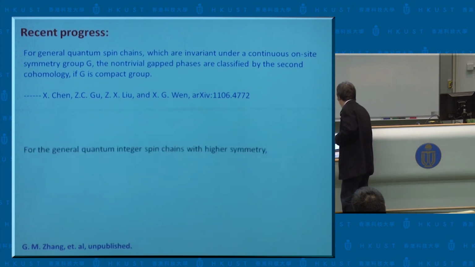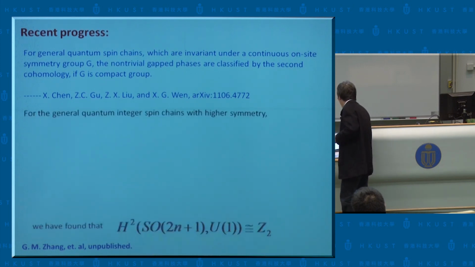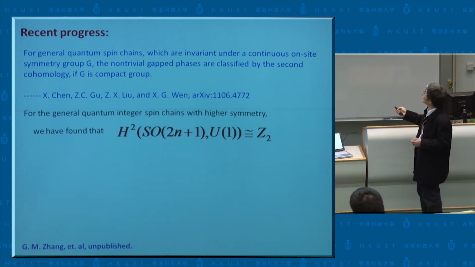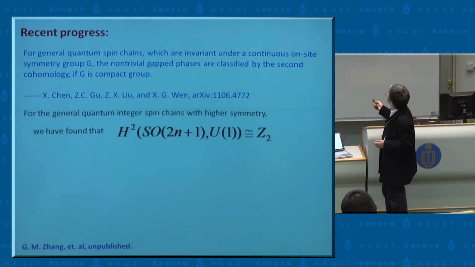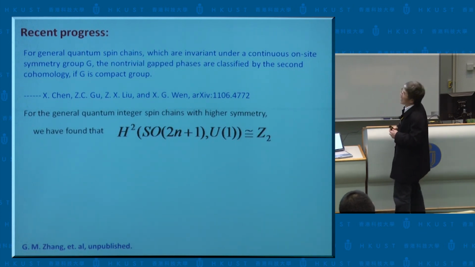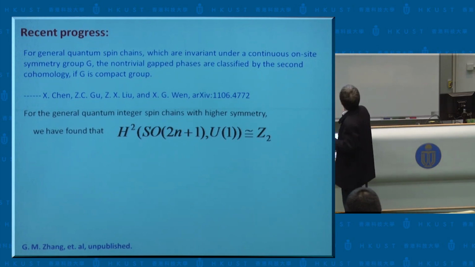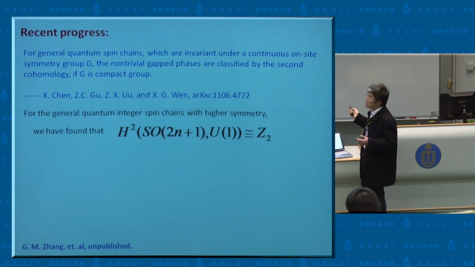In our case, if we take the ground state symmetry as SO(2n+1) and calculate this second group cohomology, it gives us Z2, which means there are only two types of gapped phase, including the trivial one. So we already have the non-trivial one.